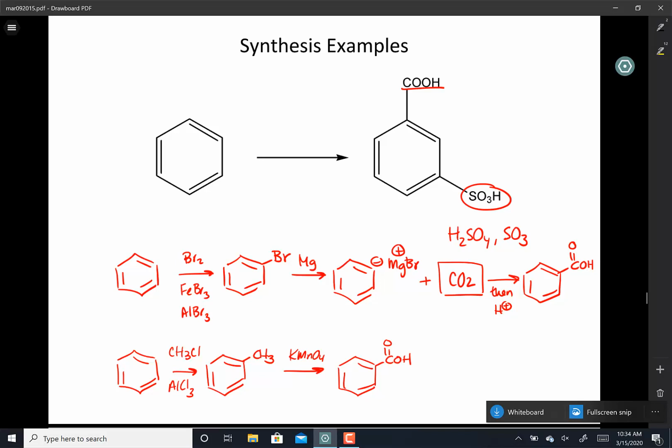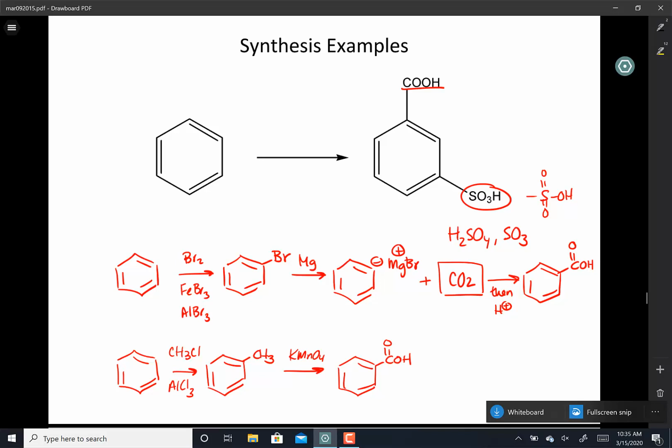So being meta, it doesn't matter in this case which group I add first, because the SO3H group, as you saw earlier, the S double bond O OH group looks like an X double bond Y group, which means that it is a deactivating meta director. And the C double bond OOH group, a carbonyl, is also deactivating.